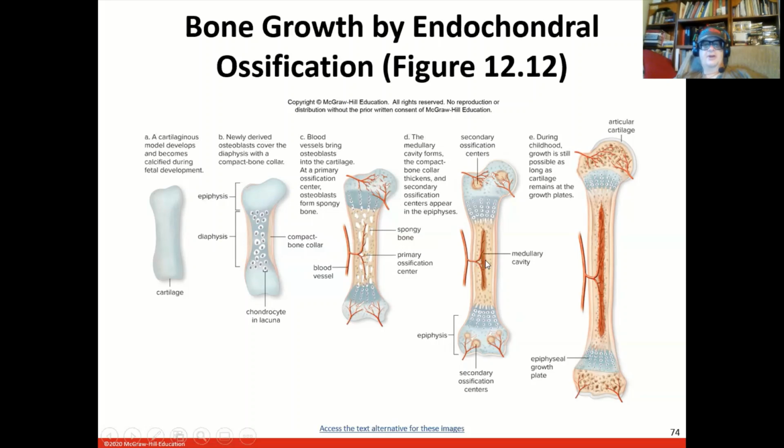Then as we keep going, we are going to hollow out this middle area and keep adding bone along the outside. What you end up with in the diaphysis is a hollow medullary cavity and then compact bone around it. On the ends, the epiphyses, you're going to stay spongy bone. Okay, so spongy bone with a little compact around it.